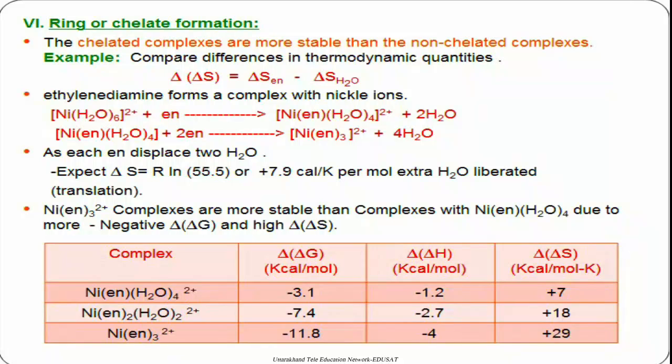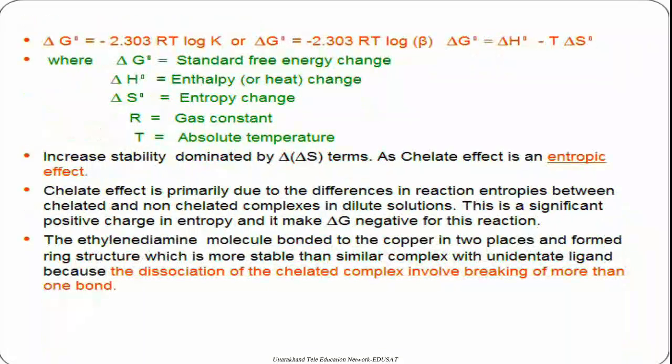So delta G and delta H are negative, meaning heat is evolving and the complex will be more and more stable. From this equation we can find out the free energy, delta H and delta S, where R is the gas constant and T is temperature.